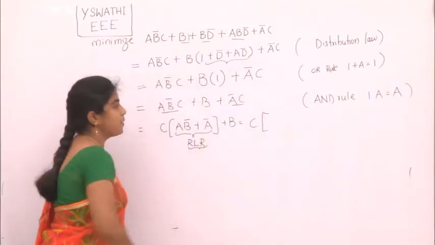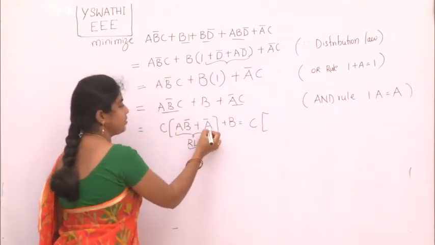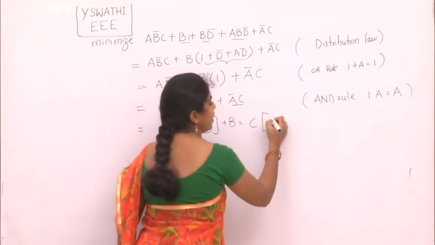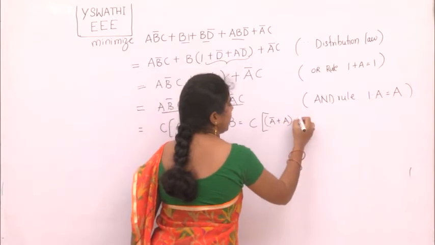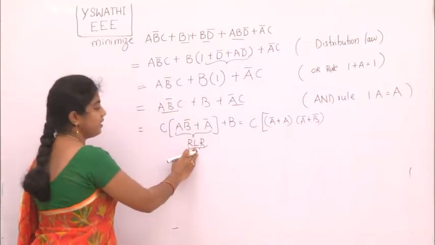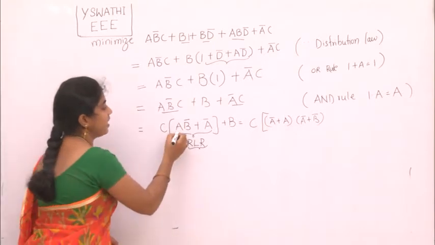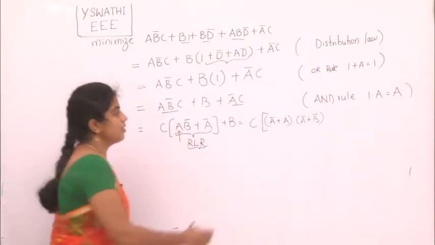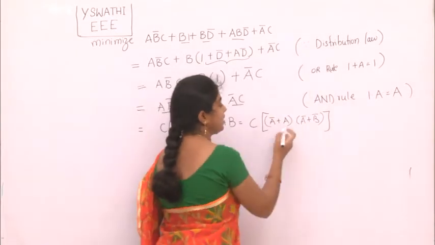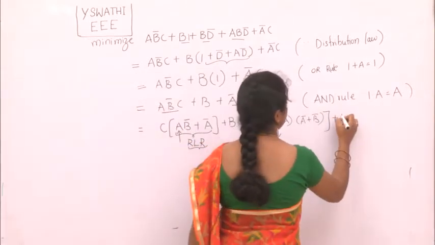RLR is nothing but the application of the distribution law. So if the variables are like this, you can write A bar plus A and A bar plus B bar. From RLR you can directly drop the redundant literal. Here the redundant literal is this one. Otherwise you can expand using the distribution law and then drop this term, plus B.